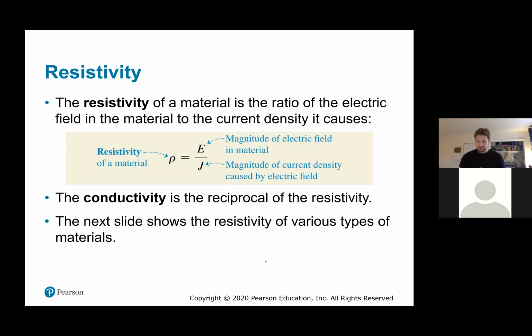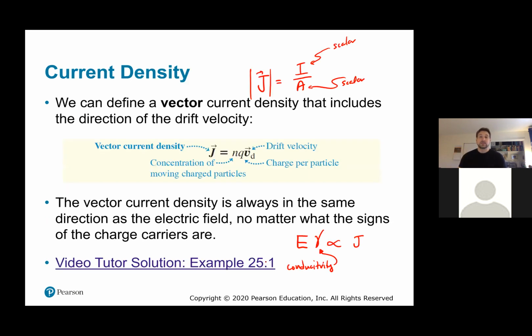Conductivity, gamma, is the reciprocal of resistivity. Okay.